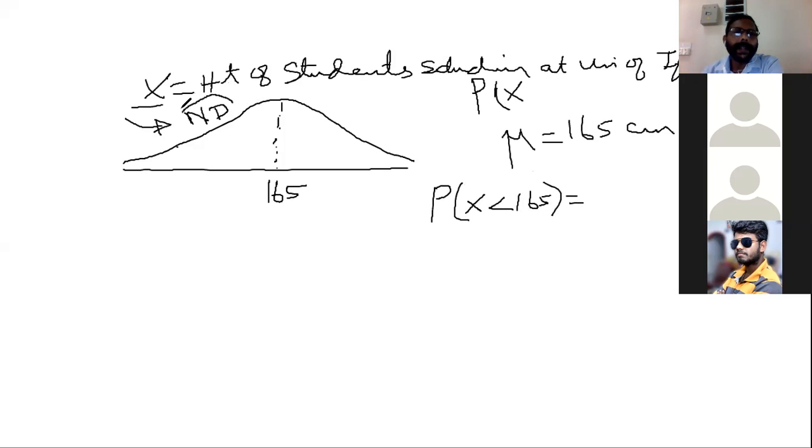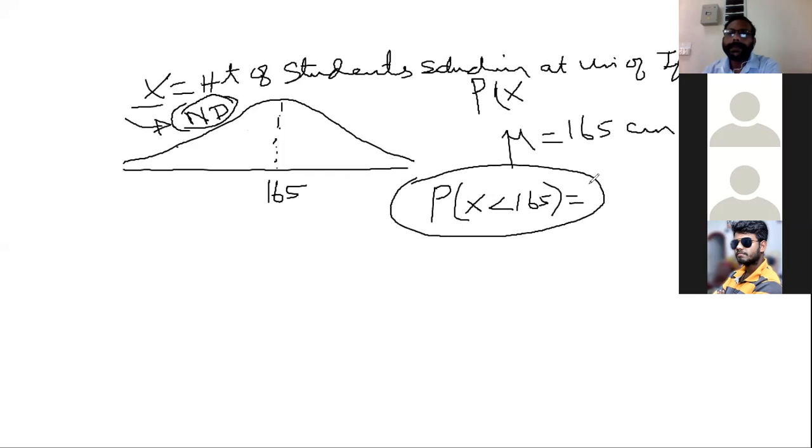We said the height of the students studying at University of Jaffna is distributed normally, right? So under that assumption, this is our mean value. Assuming the total probability is 1, what is the probability value for this? Anyone?